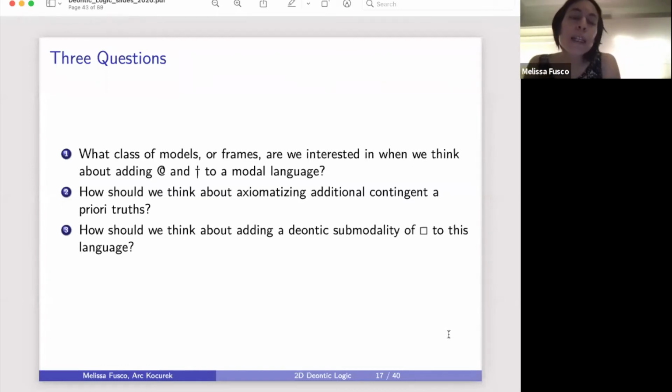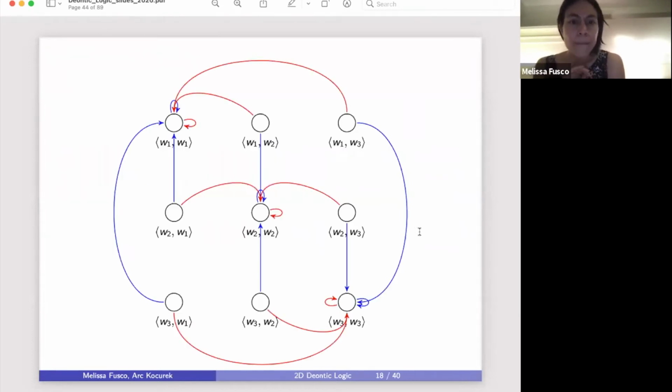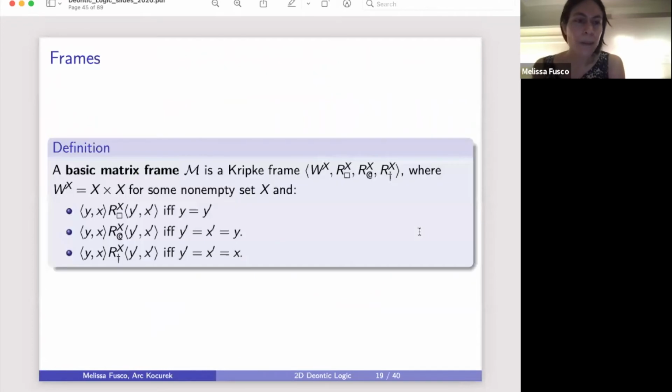And how should we think ultimately about adding a Deontic submodality of metaphysical possibility to this language? Because again, I've been assuming the box is this global S5 relation that would be a better fit for metaphysical possibility than for anything having to do with Deontics. Deontic accessibility is obviously not S5.